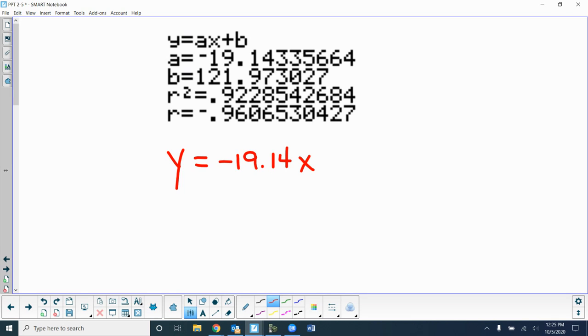So this A is the slope. They don't use M, they use A on this calculator, okay? And then my B is positive 121.97. That's the equation, okay? And then the correlation coefficient is that last number, that R value. And you can go to hundredths as well. Is that a pretty strong correlation or not?